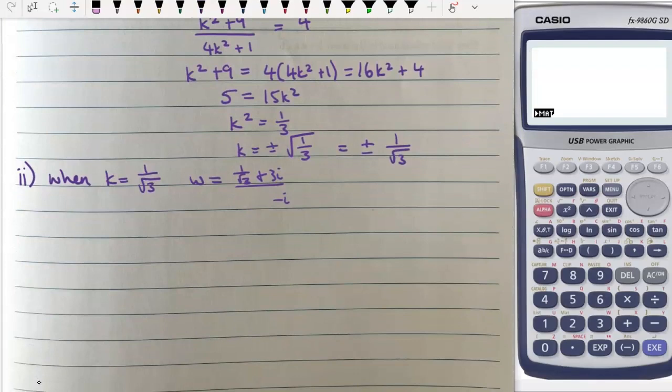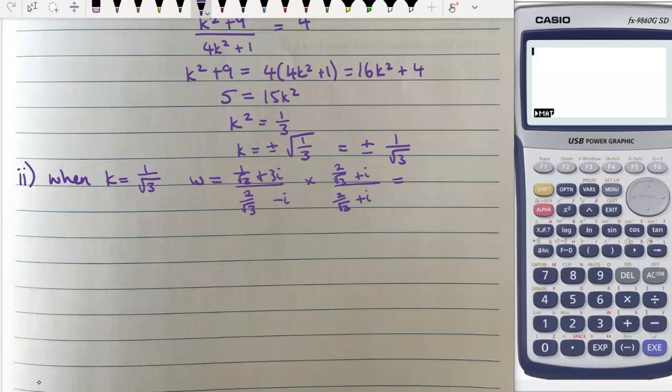We'll just tidy that up to be 2 over root 3. Now we'll need to rationalize the denominator, so times by 2 over root 3 plus i over 2 over root 3 plus i there. And then multiply out.